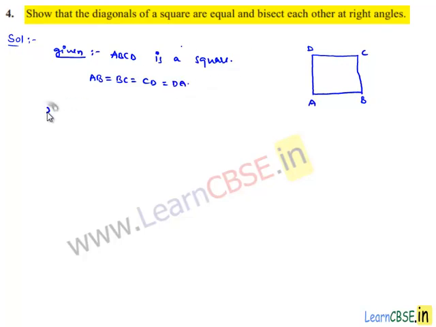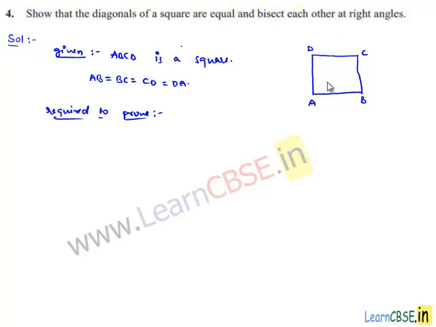Now we are required to prove that diagonals of the square are equal and bisect each other at right angles. Here the diagonals are AC and BD. So we are first required to prove that AC is equal to BD, and second thing, they bisect each other at right angles, so we need to prove that.